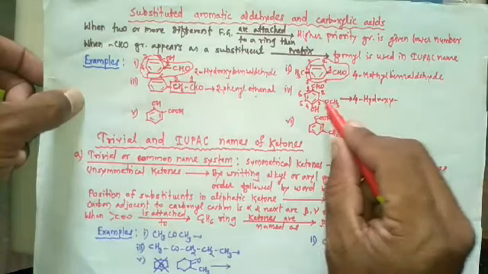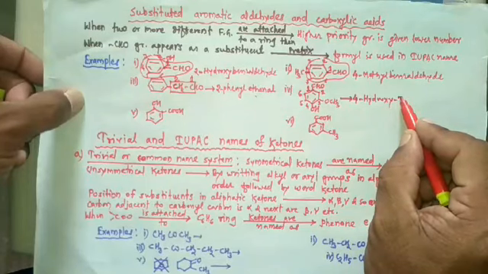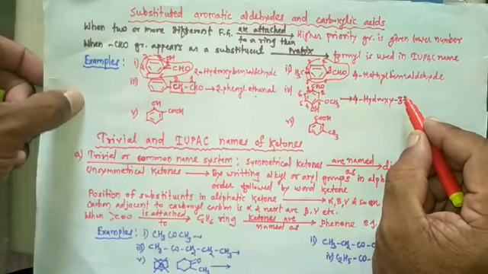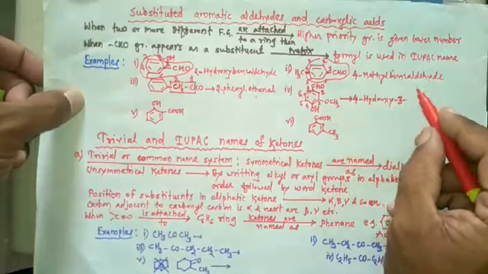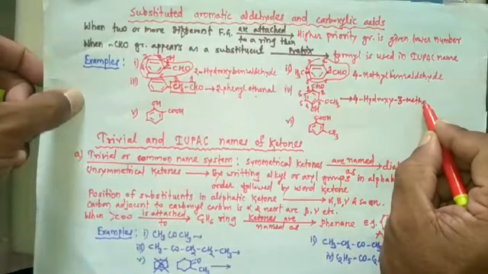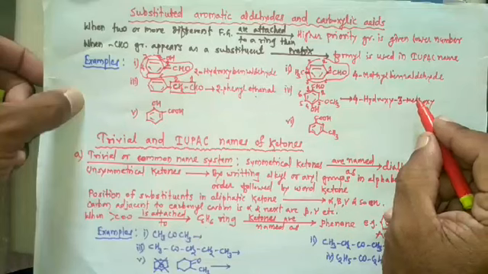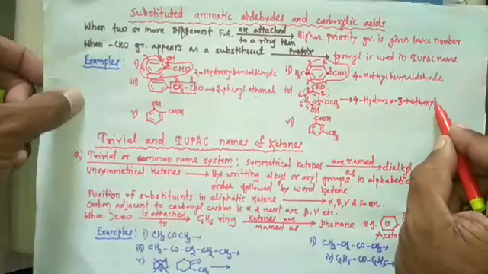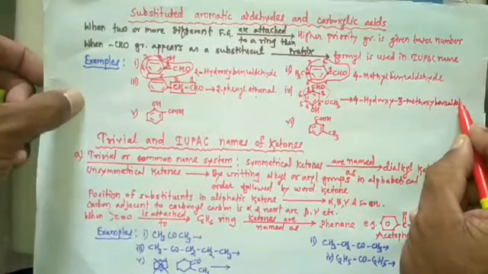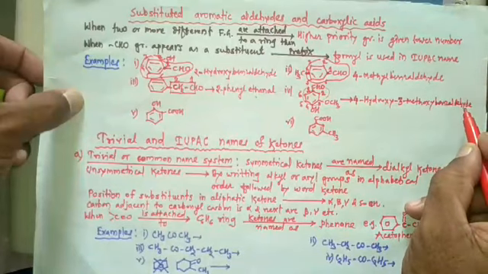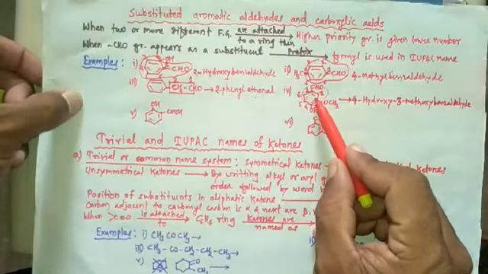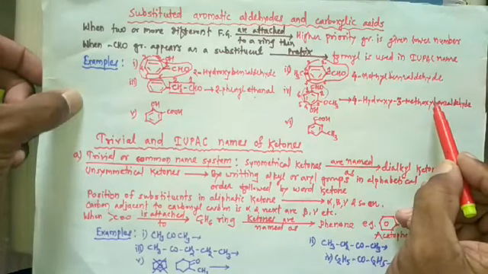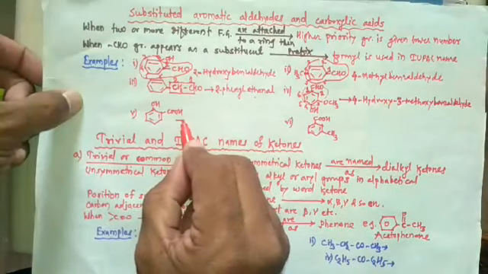Then the next substituent is present on the third carbon atom, its position is 3, and the group is called methoxy. The parent compound is benzaldehyde. Thus the name of this compound is 4-hydroxy-3-methoxybenzaldehyde. Then take the next compound.